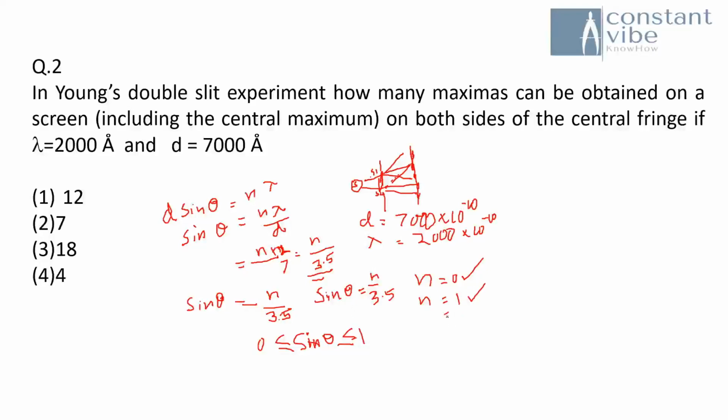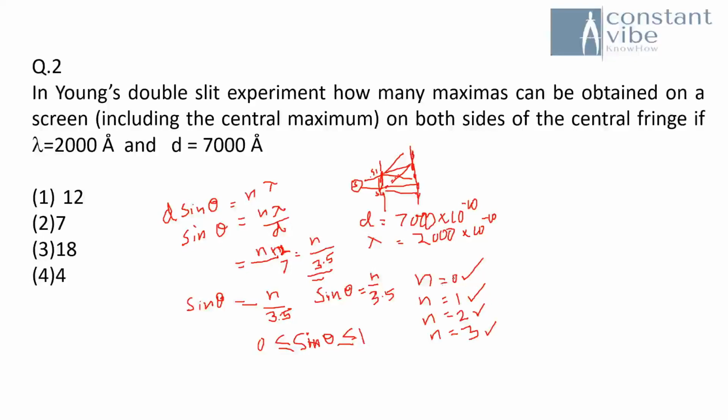If n is equal to 2, then 2 divided by 3.5 is also less than 1, so it is also correct. If n is equal to 3, then 3 divided by 3.5 is also less than 1. So that is also correct.